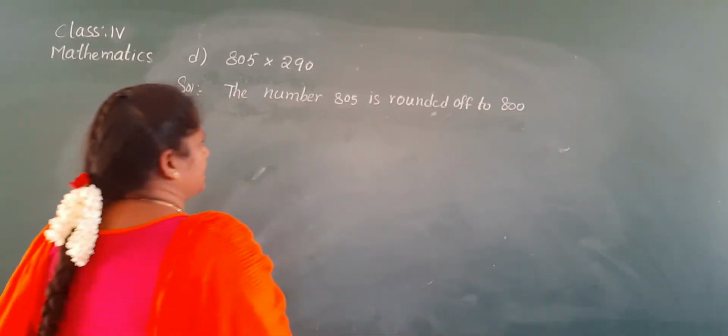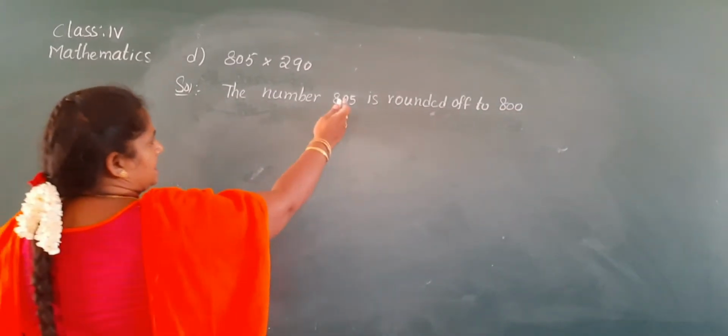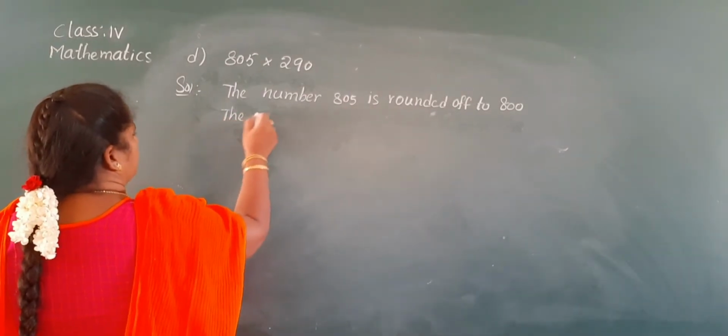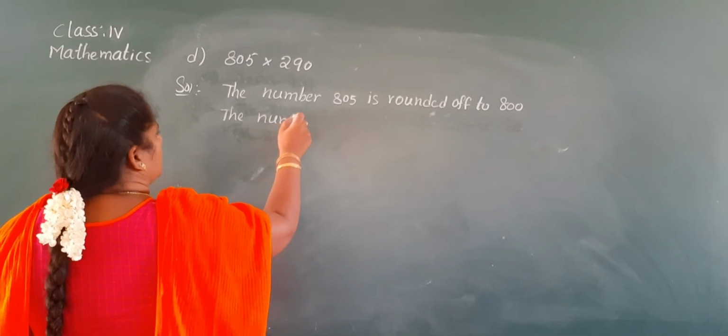Why? Because the digit in the tens place is 0, is less than 5. So that there is no change in the hundreds place.